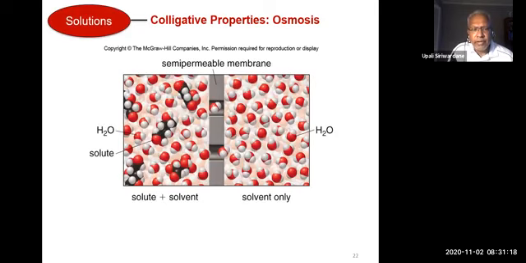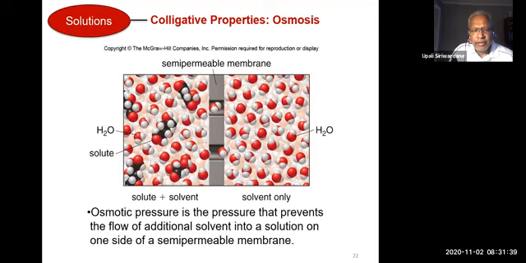In this picture, the passage of water molecules through a hole in the semi-permeable membrane is shown. The solute molecules are bigger, so they cannot pass through the small holes in the membrane. Osmotic pressure is the pressure that prevents the flow of additional solvent into the solution on one side of a semi-permeable membrane.